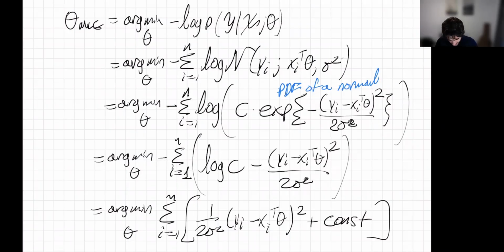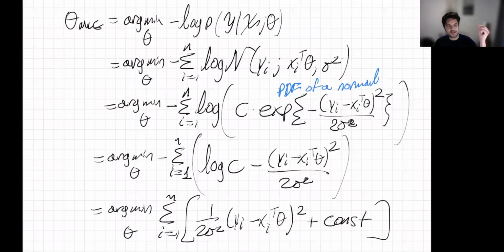And now we should be starting to realize something. First of all, this constant here, we called it a constant because it does not depend on theta. It contains some sigmas and other numbers, but it's constant with respect to theta.